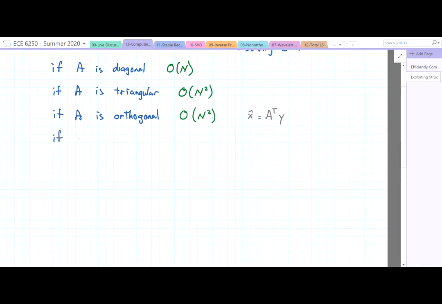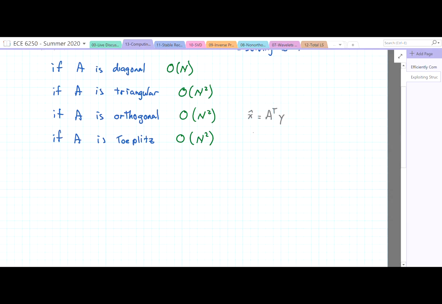So if A is Toeplitz, then we have order n squared again.